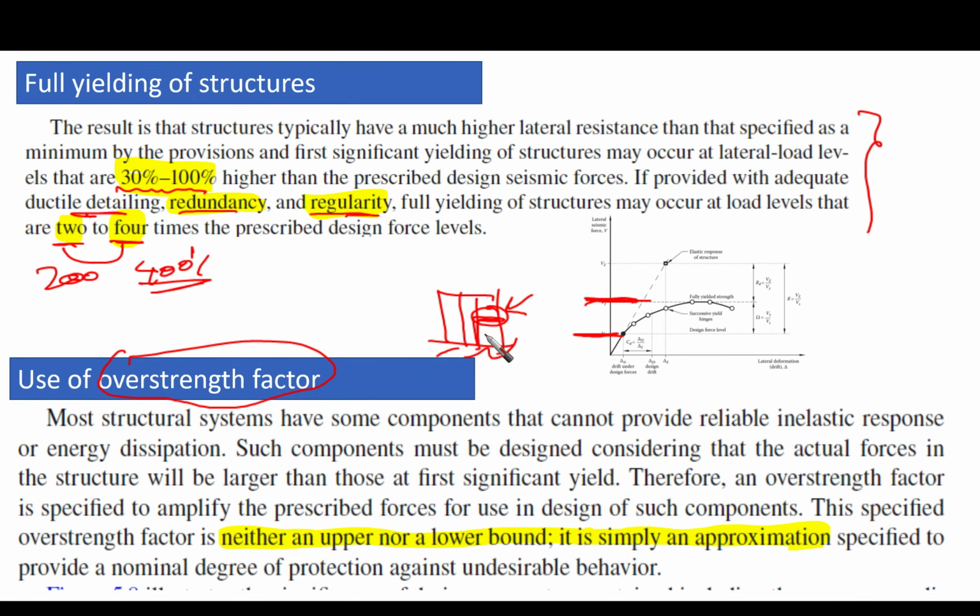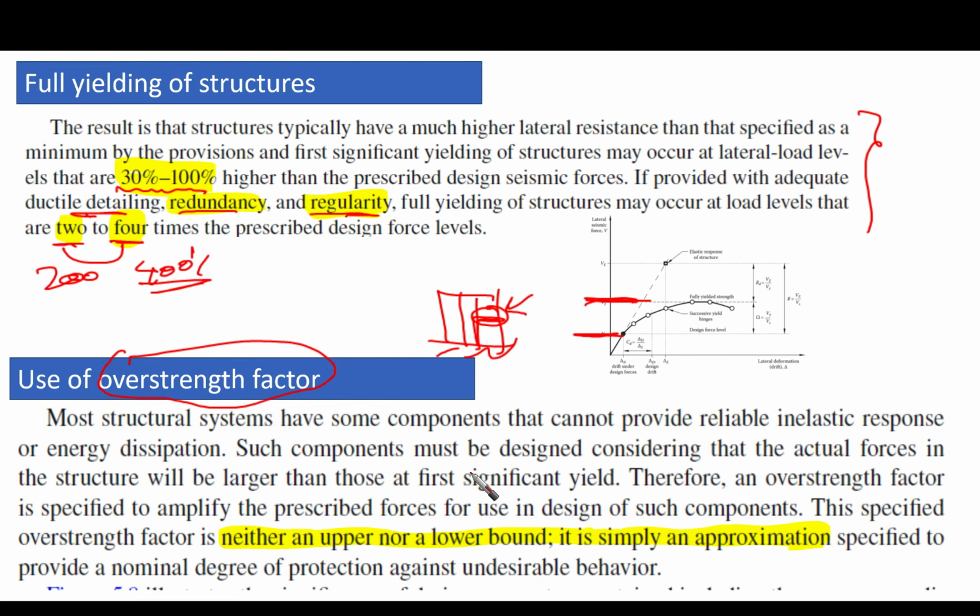They cannot behave inelastically. Such components must be designed considering that the actual forces in the structure will be larger than those at first significant yield. That's the meaning here. This is the first significant yield, and we need this element to be elastic. We do not want this element to be in the inelastic range.